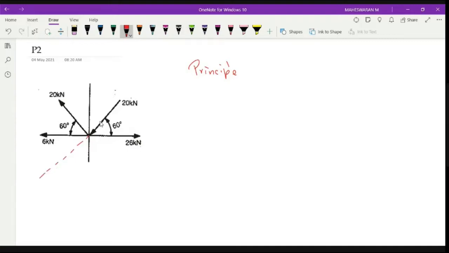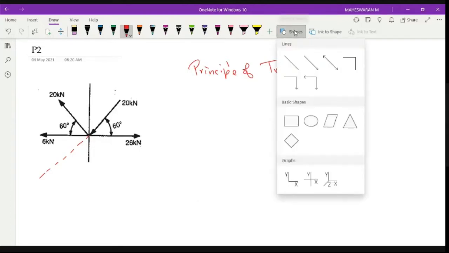So I'm going to shift it to this point. That shifting we got as the principle of transmissibility, right? We are going to use that to shift it.